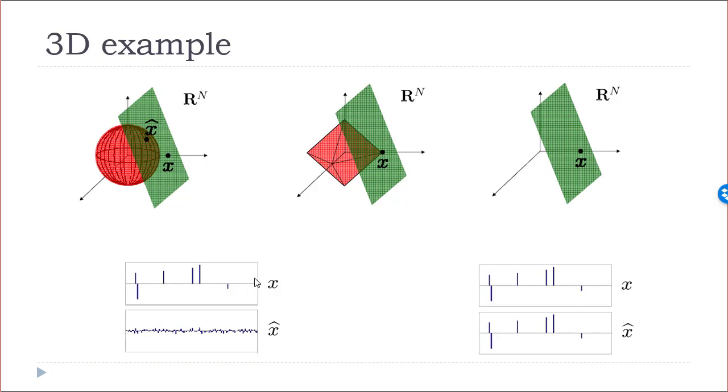Another way to look at it is that if the original x was sparse, then the L2 norm minimization problem returns an x whose entries are small but non-zero. On the other hand, the L1 norm minimization returns x hat whose non-zero entries are large but has many zero entries.